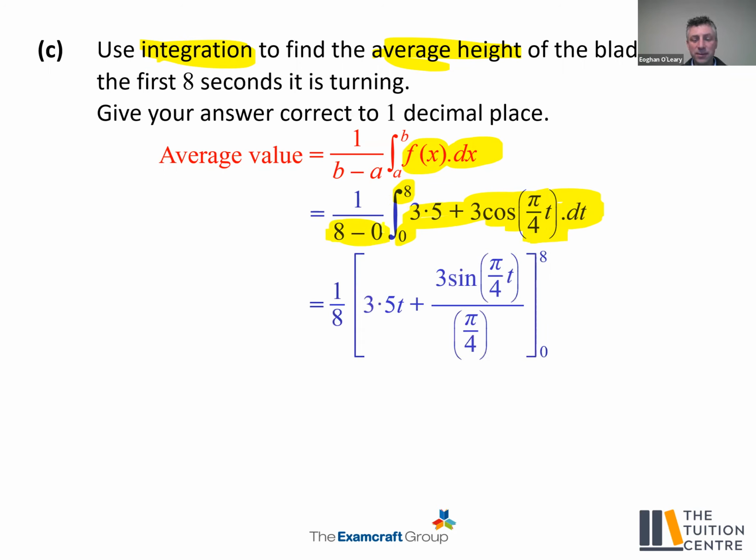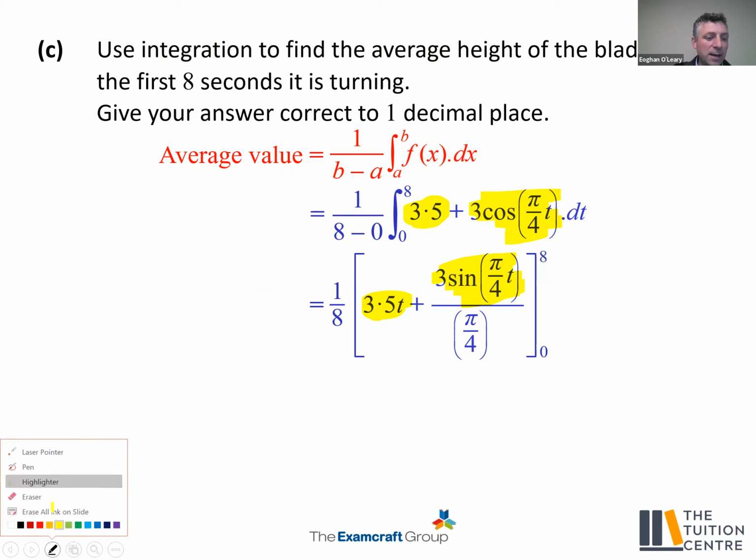Now here is the bit where we're doing the actual integration. 3.5 will integrate to be 3.5t. 3 cos pi over 4 t, while cos will integrate to give you sine. So 3 cos pi over 4 t will integrate to give you 3 sine pi over 4 t.